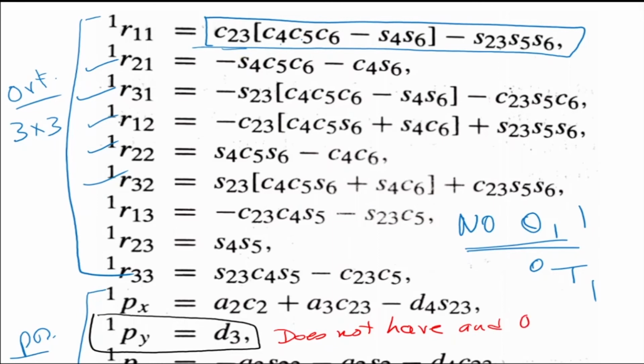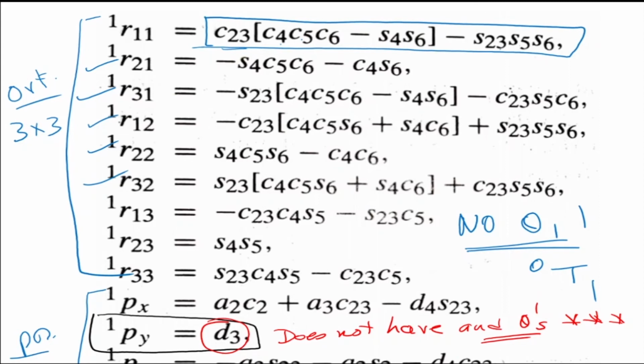So please note this. It is very strange that this particular term, which is the Py, does not have any thetas associated with it, no joint variables. It only has d3, which is a constant. Whereas all other terms have cos, sine, and all kinds of other terms. And only if you multiply it like this, then you get it in this form.